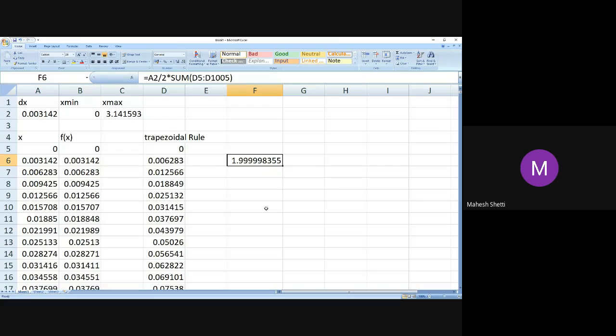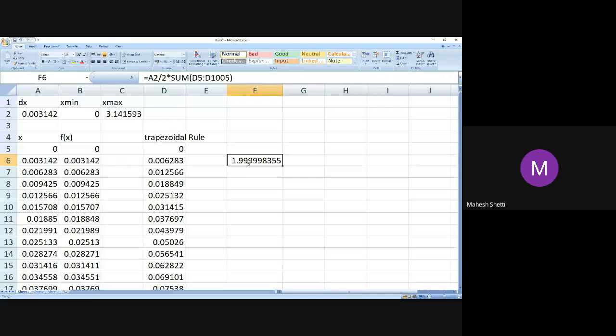So it is nothing but 1 minus minus 1, and you get 2. And you see again the error over here is in the 6th decimal place. So the trapezoidal rule gives you the answer nicely. Of course, there are going to be small amounts of error. Is this part clear?